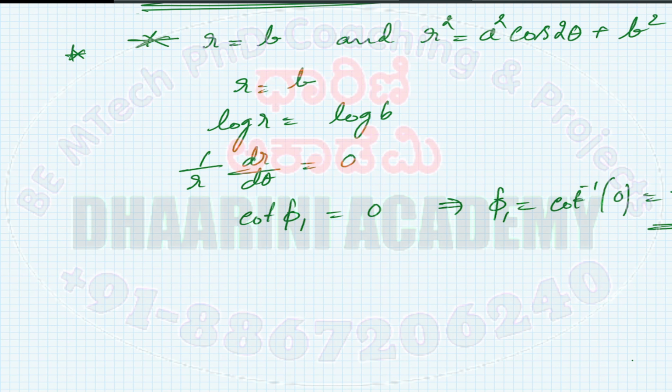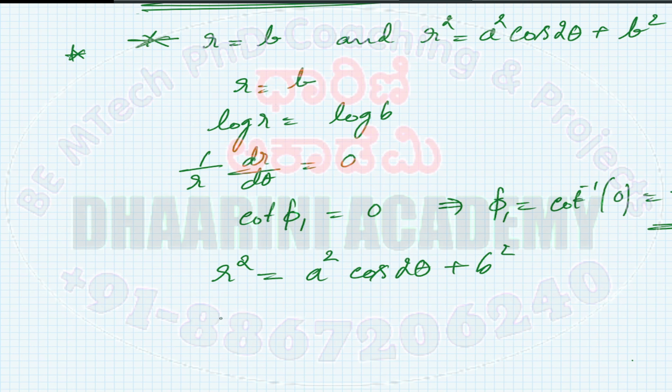Okay, then let's go to the second function. The second function should be say like this: r square is equal to a square cos 2 theta plus b square, right?